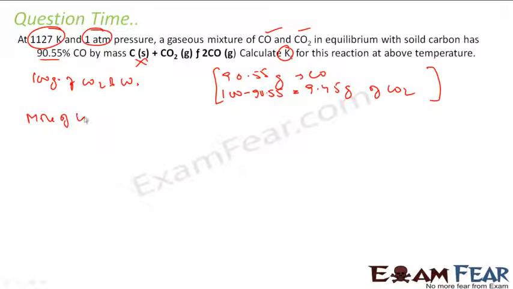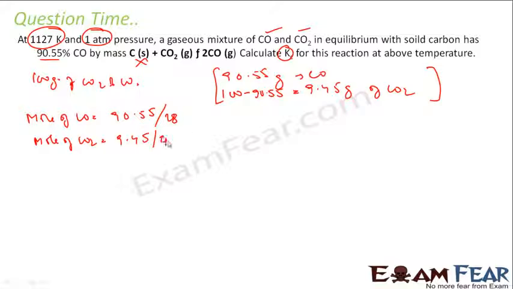So moles of CO will be 90.55 by the molecular weight of CO, that is 28. And moles of CO2 will be 9.45 grams by the molecular weight, that is 44. You solve this, it is 3.23 moles of CO and 0.22 moles of CO2.